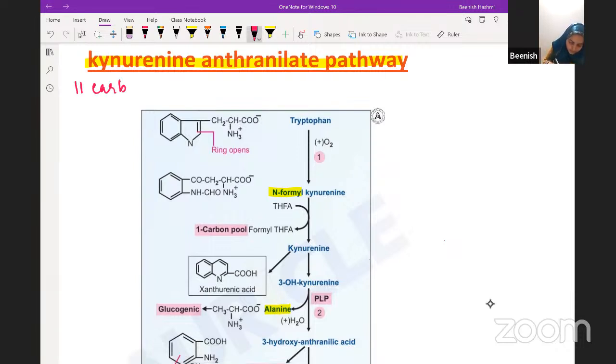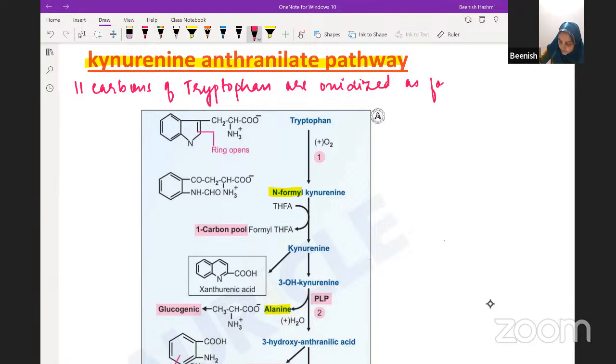So the 11 carbons of tryptophan are oxidized as formyl group, which is 1 carbon. Okay. Then you have alanine, which is 3 carbon.